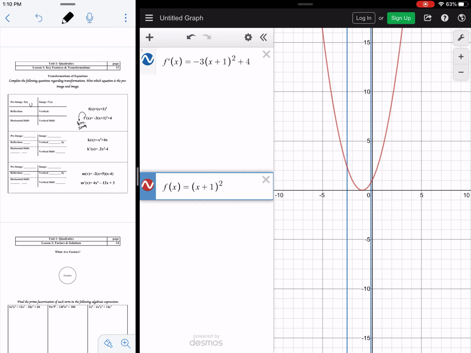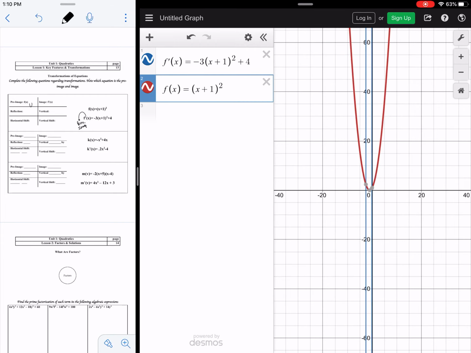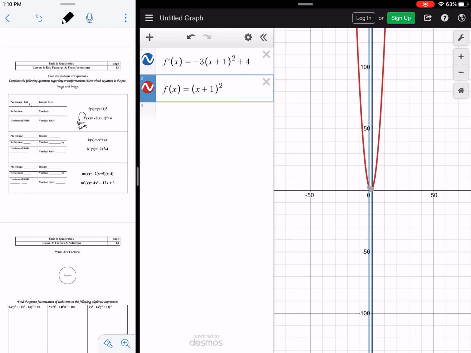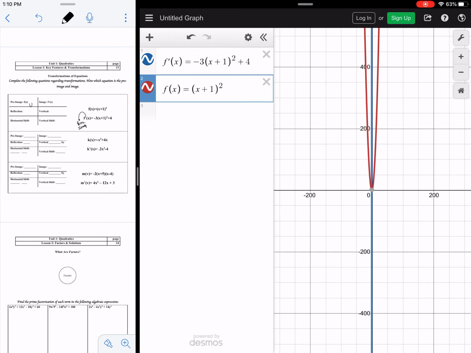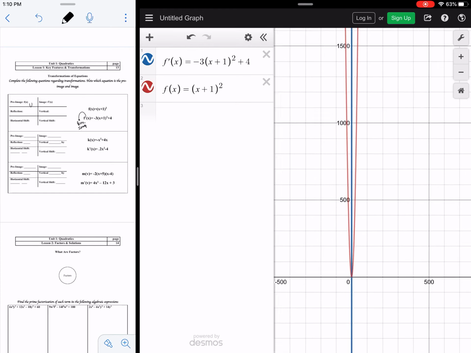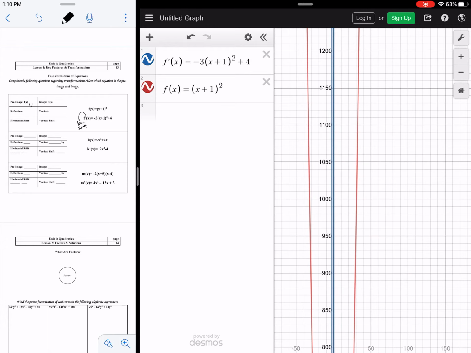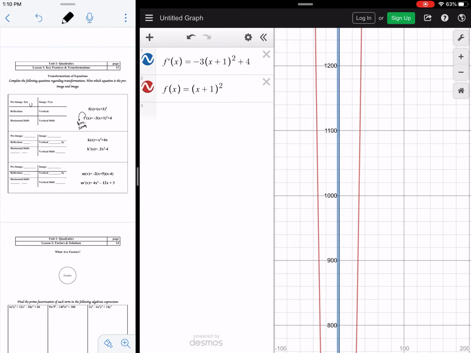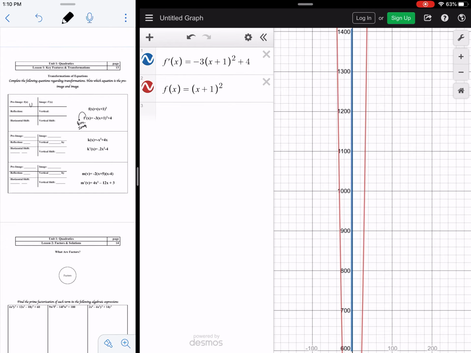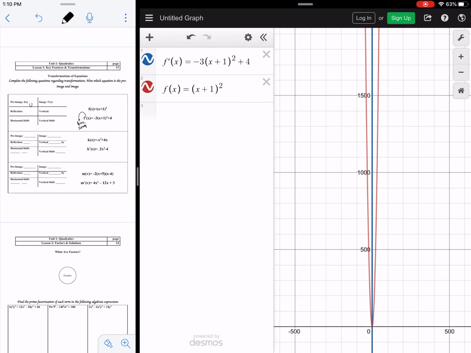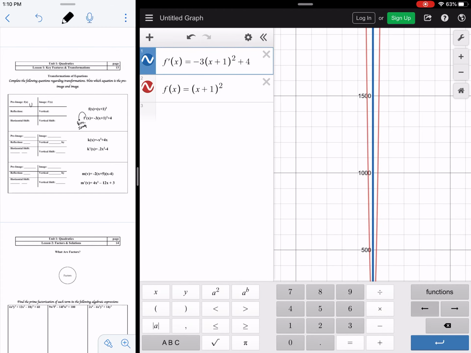The way you zoom out is hit this minus button at the top right of your screen on Desmos, and just zoom out until you can see your vertex.